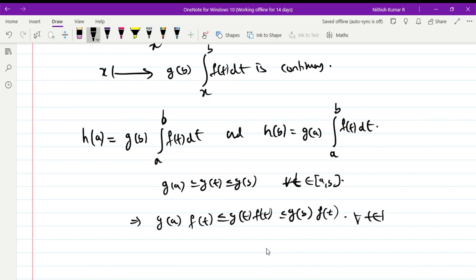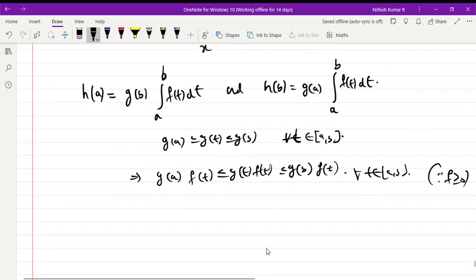This implies g(a) f(t) is less than or equal to g(t) f(t), which is less than or equal to g(b) f(t), for all t in [a, b], because f is greater than or equal to 0 on [a, b].